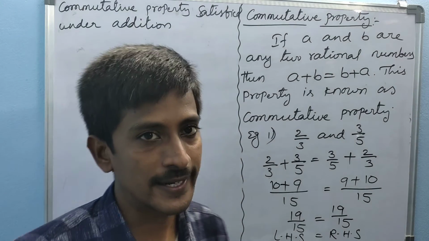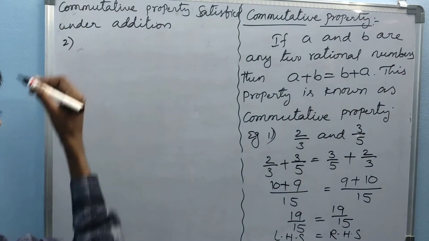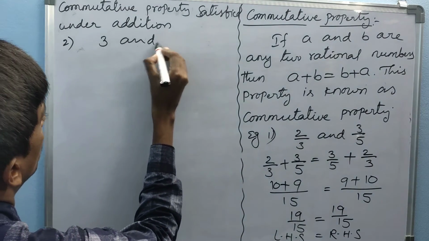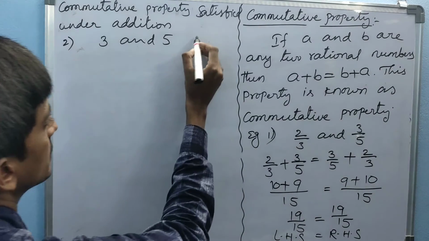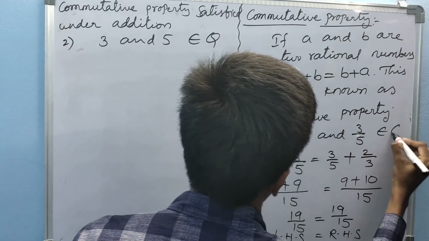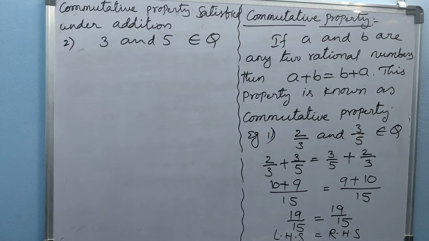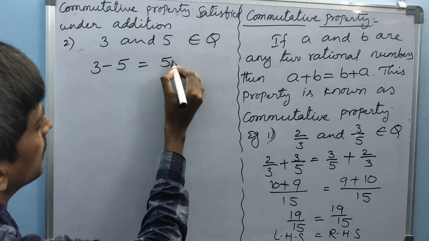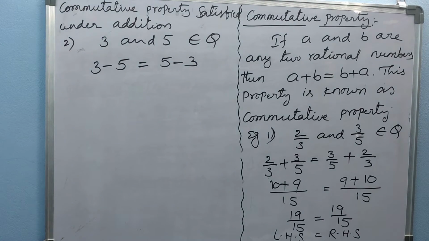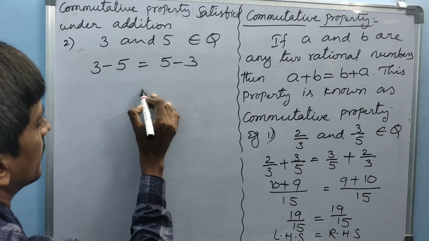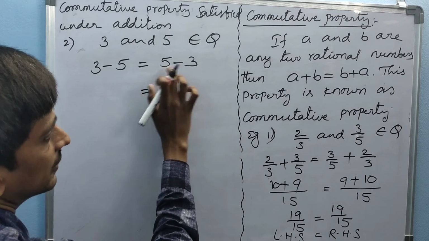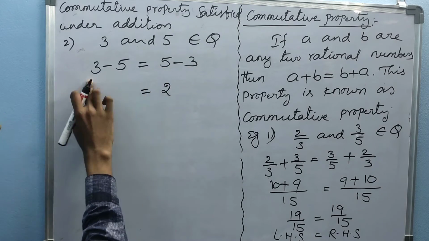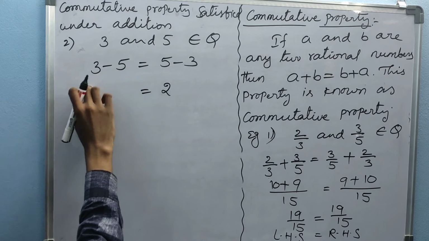Okay, addition is completed. The next one is subtraction. Example 2. Take any two rational numbers, 3 and 5, belonging to Q. 3 minus 5 equals 5 minus 3? 5 minus 3 equals 2, 3 subtracted from 5. Is it possible 3 minus 5, 5 subtracted from 3?